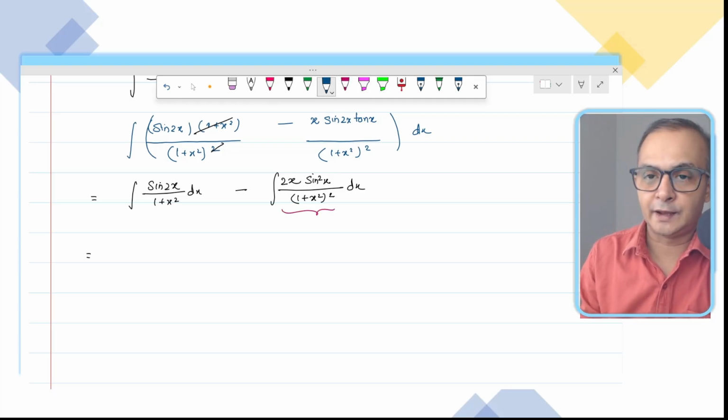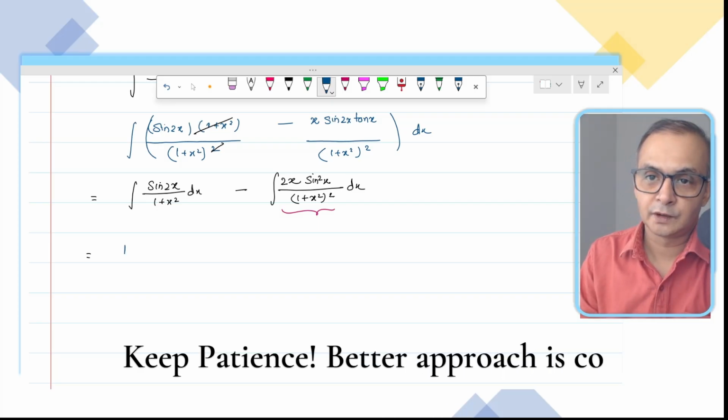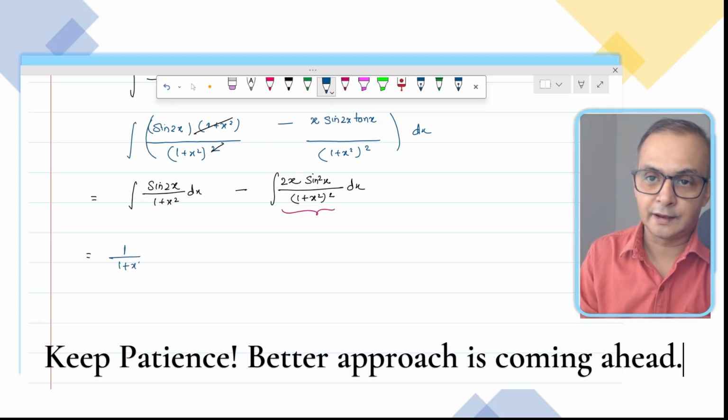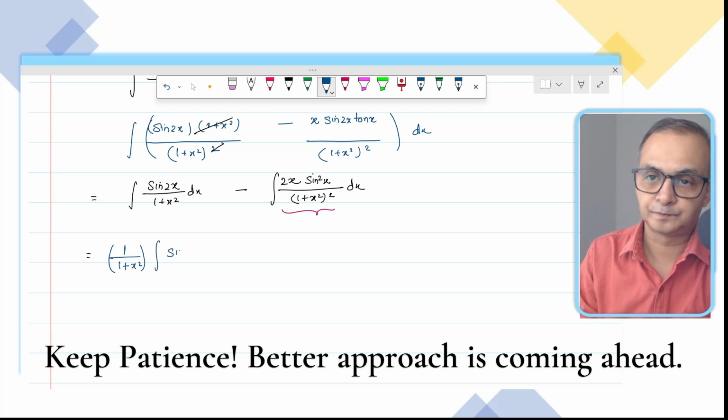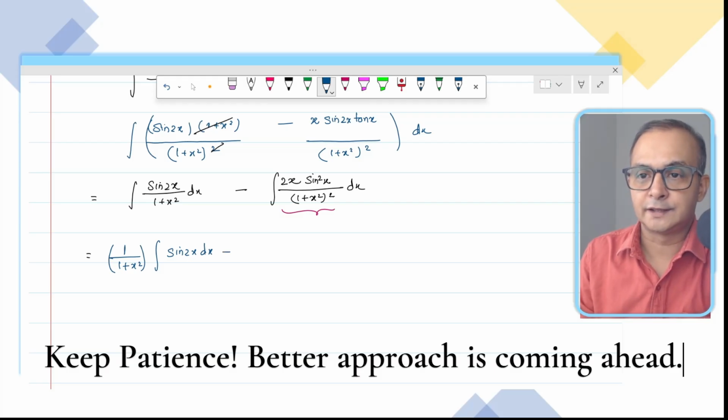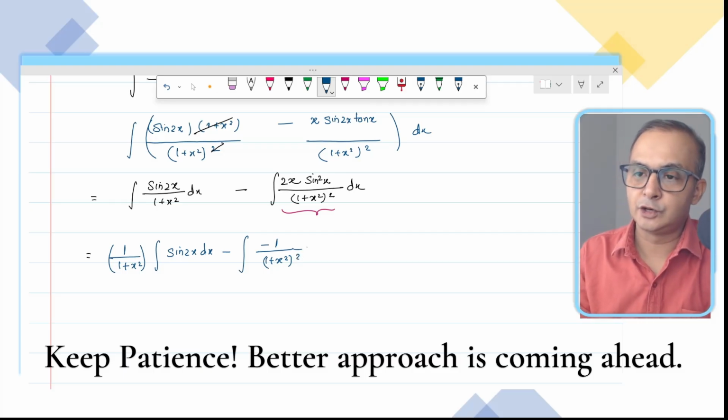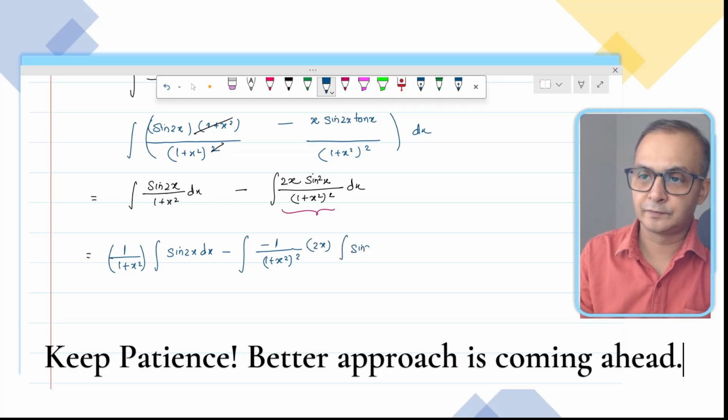And here I'm applying integration by parts by using 1 plus 1 by x square as the first term and the sine 2x as the second term. So we get this thing, and negative 1 by 1 plus x square the whole square, into 2x, and again the integration of sine 2x into dx and the whole dx.